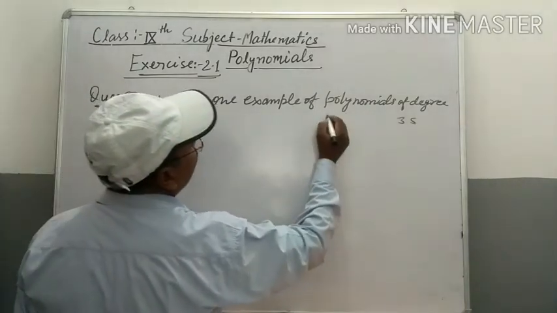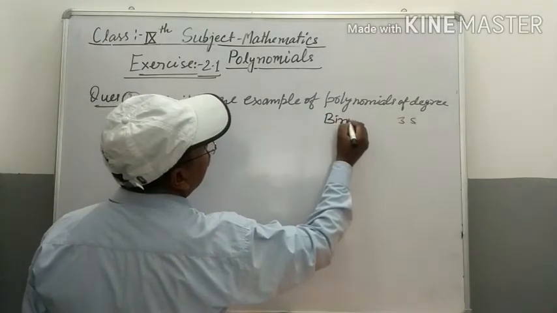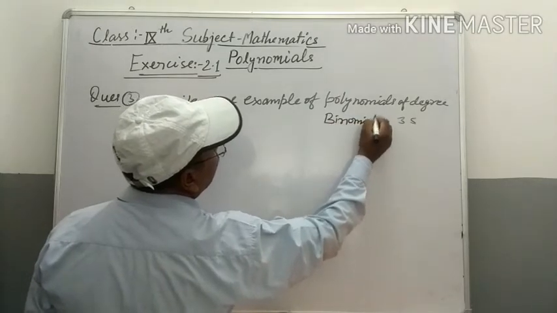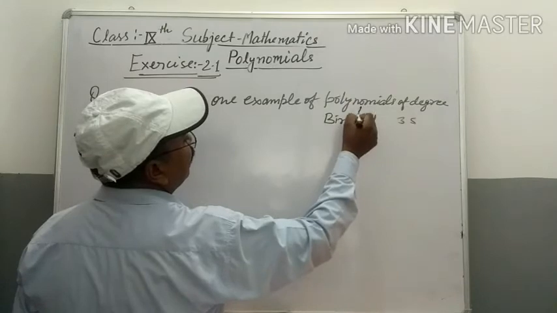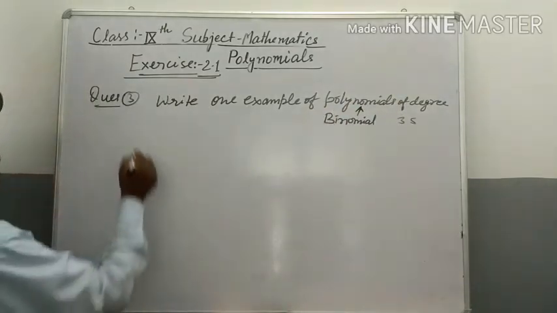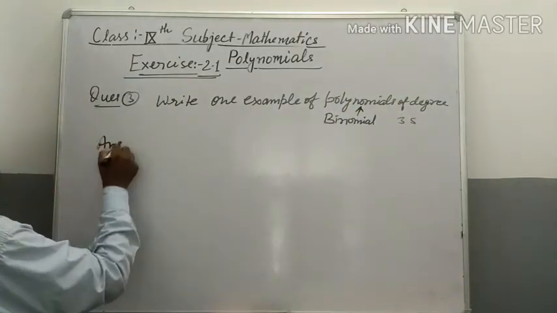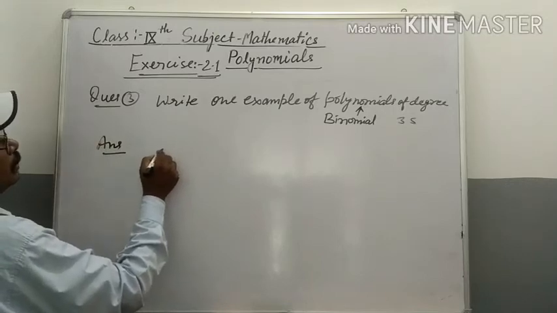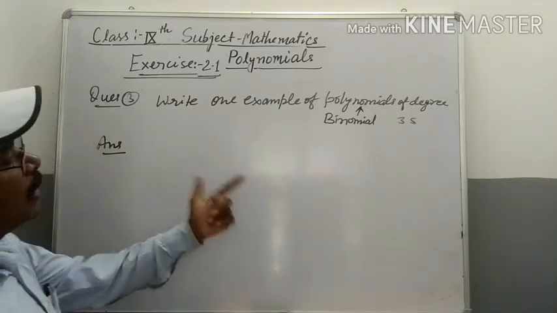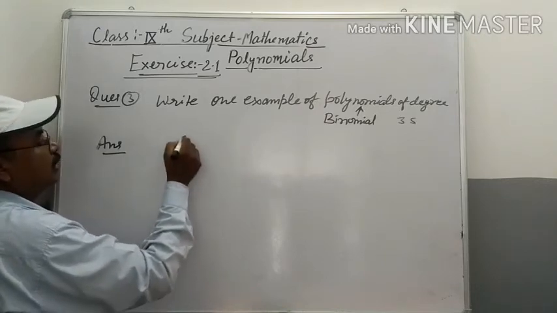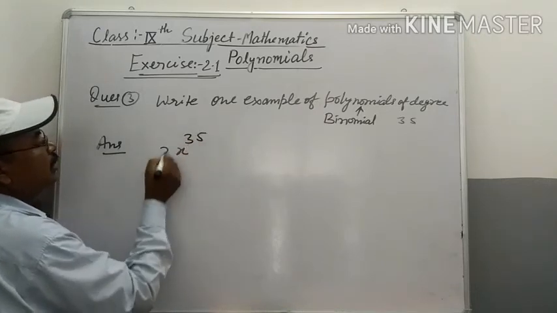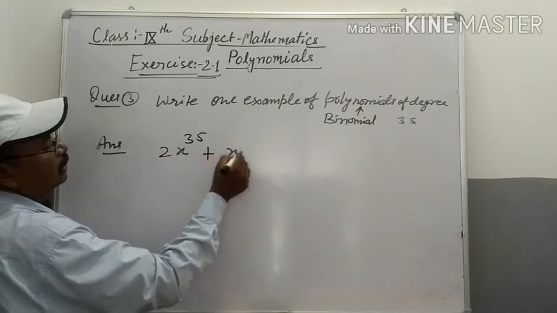विच टाइप्स ऑफ पॉलिनॉमियल? Binomial, it means binomials of degree 35. Definitely you can write student answer. Degree means power. Let's say the variable we select is x to the power 35. You can write here 2x plus x.